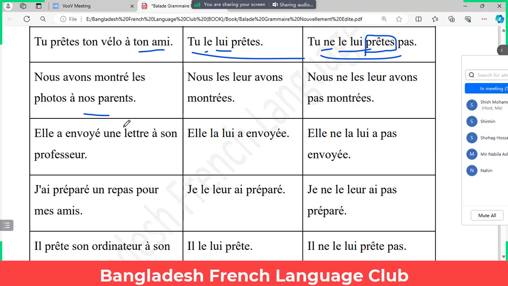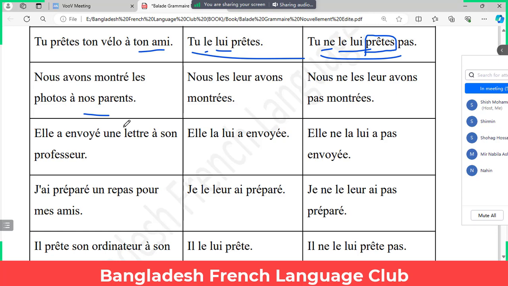Nos parents. So montré means showed the photo to our parents. We showed. Okay. So here the same thing.